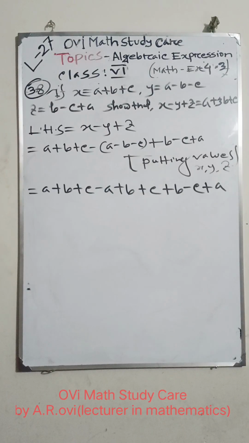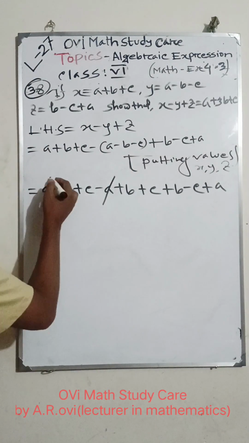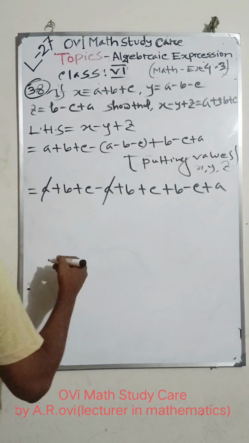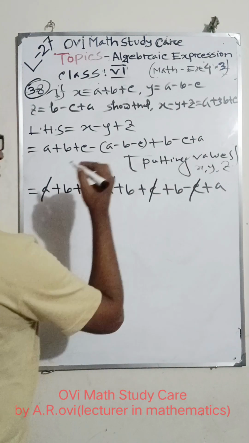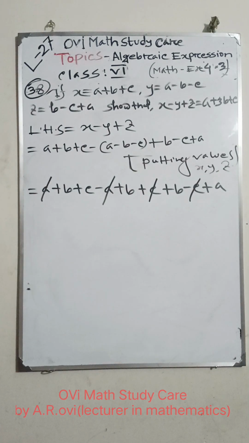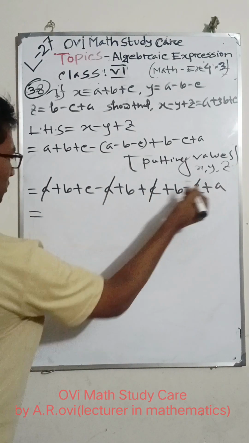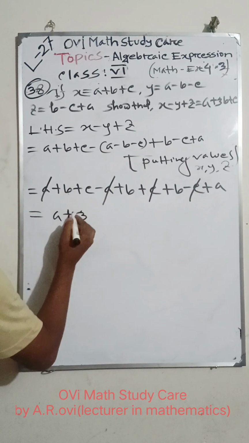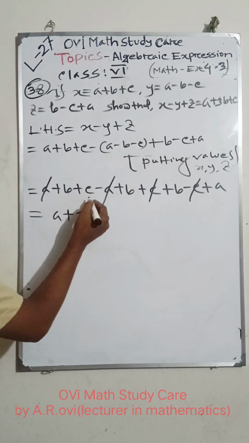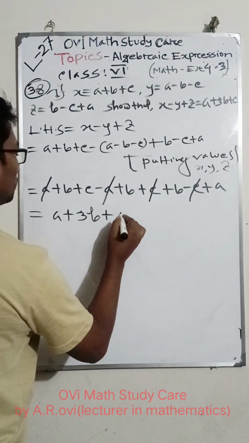Now dear students, if we cut minus a plus a, minus c plus c, so it becomes only a, b plus b plus b, thrice b, and only c.